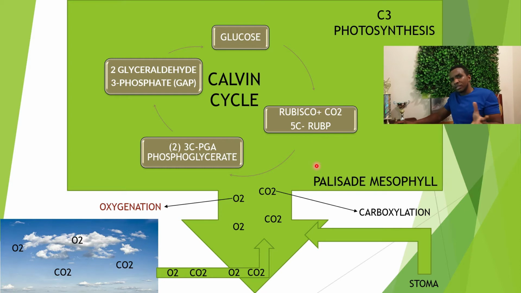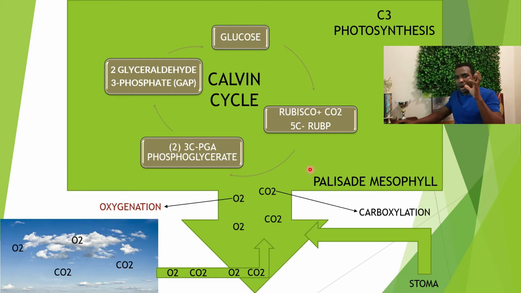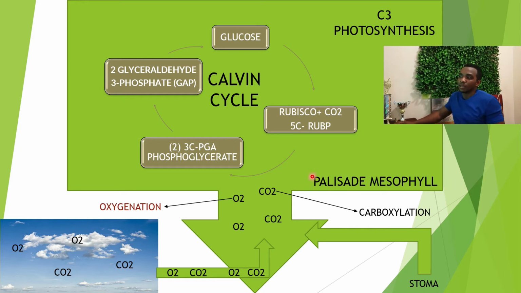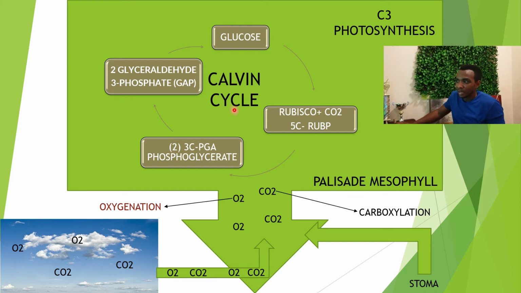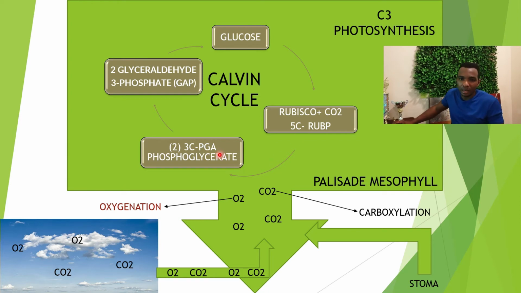Now when the Rubisco enzyme binds with CO2 and it is converted to the 5-carbon sugar RuBP, then RuBP enters the Calvin cycle. Right? And when it enters the Calvin cycle as RuBP, it is further converted to a 3-carbon molecule.